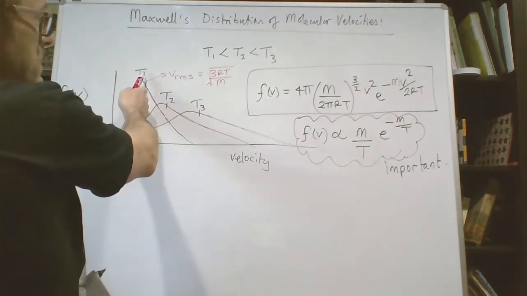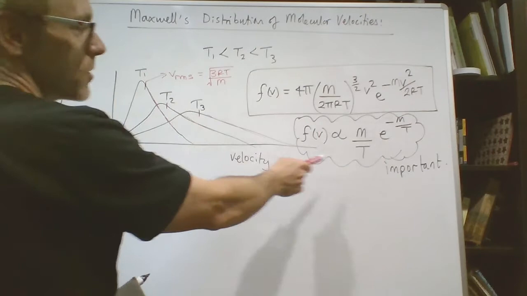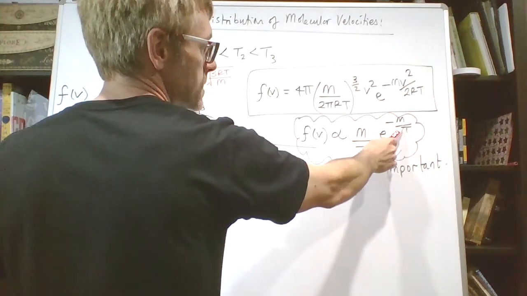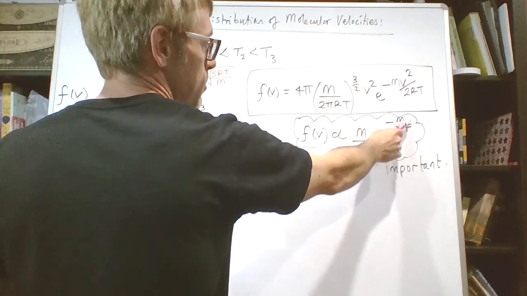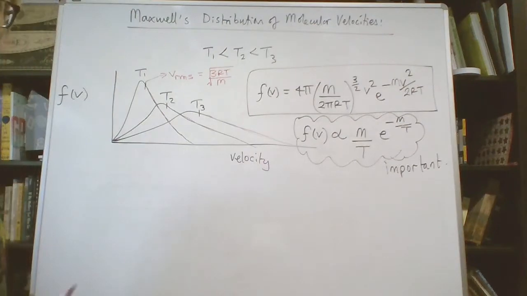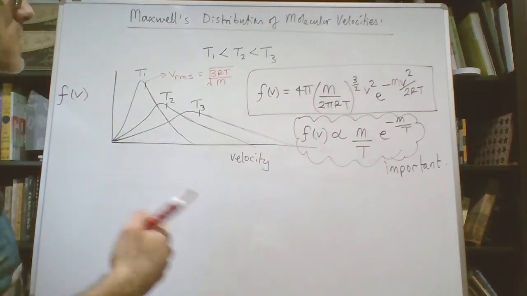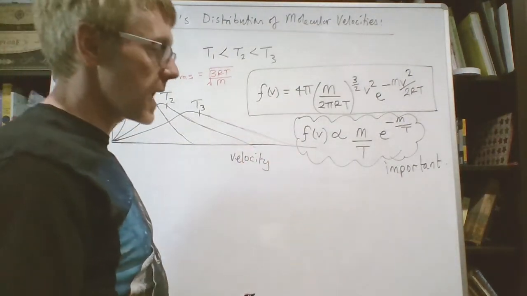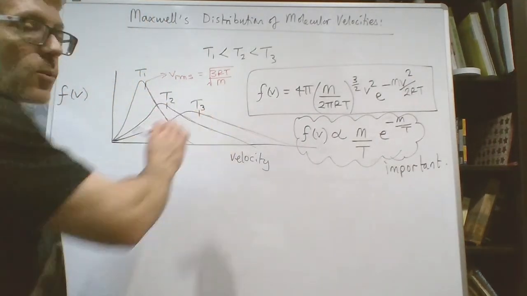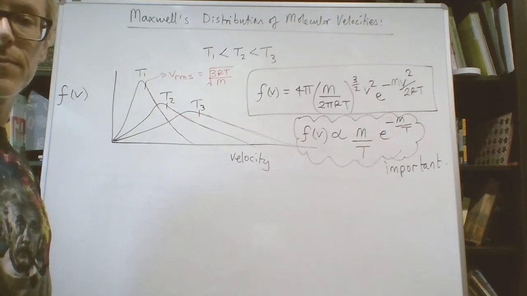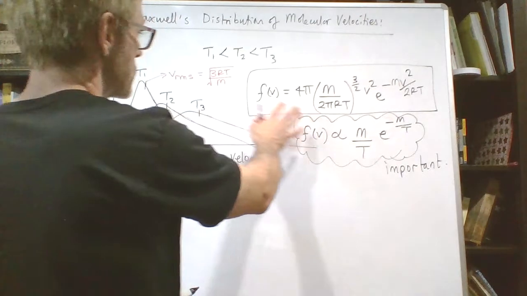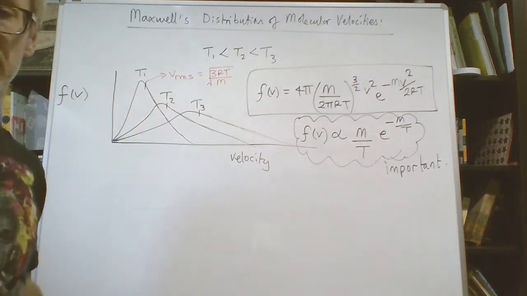So as we increase temperature from T1 to T2 to T3, this gets smaller and smaller and smaller, and it is a decay, so the decay gets smaller and smaller and smaller. As the decay gets smaller with raising temperature, the slope gets shallower with raising temperature. So that's the key interpretation of Maxwell's equation for temperature dependence.